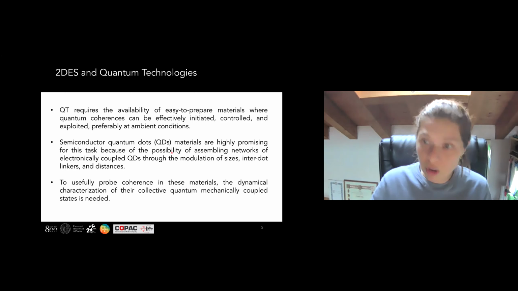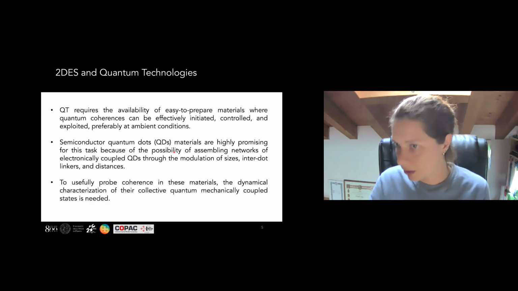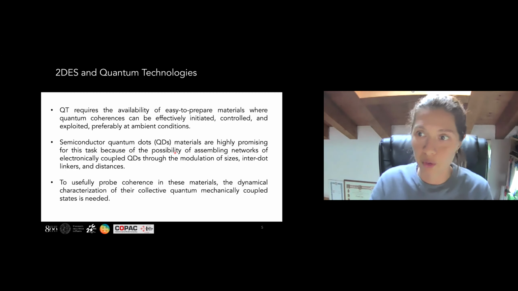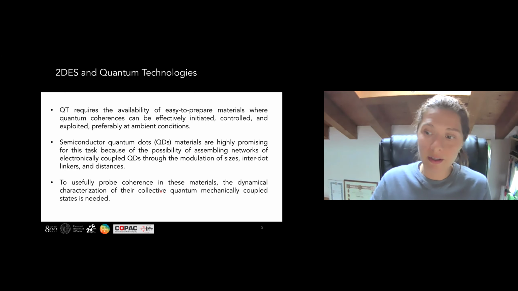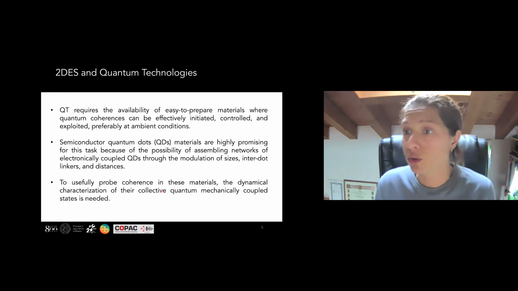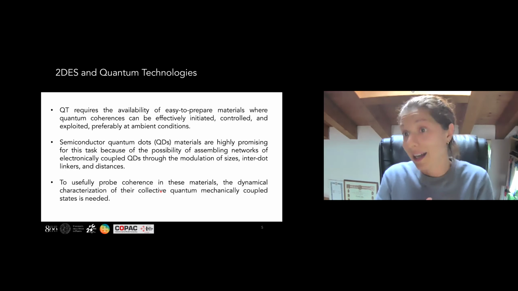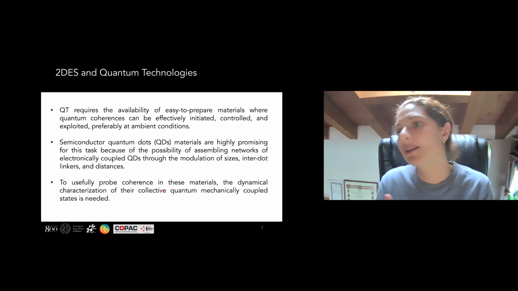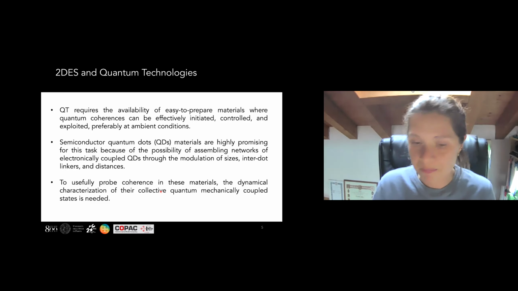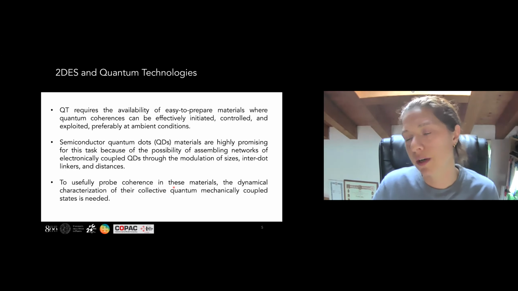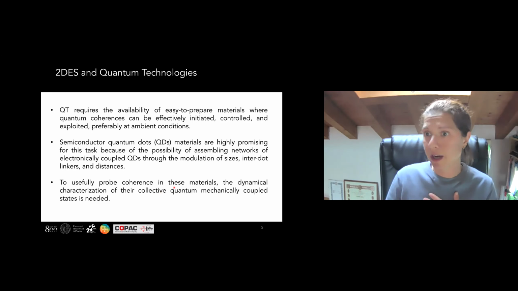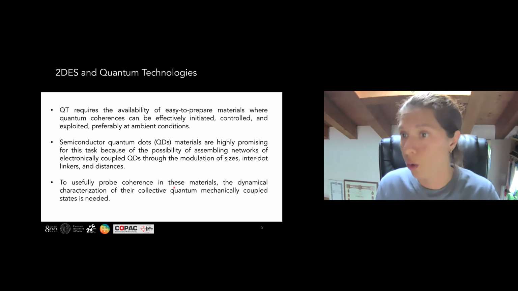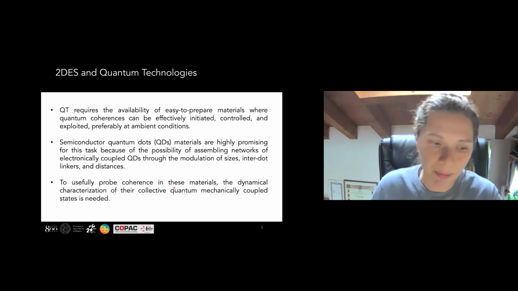And quantum dot materials appear to be particularly promising for these purposes. On the other side, we also need an effort in characterization techniques because we need to study and investigate such quantum coherence and assess which materials are better than others. And this is where 2D electronic spectroscopy can really make a difference and play a crucial role towards quantum technology applications.